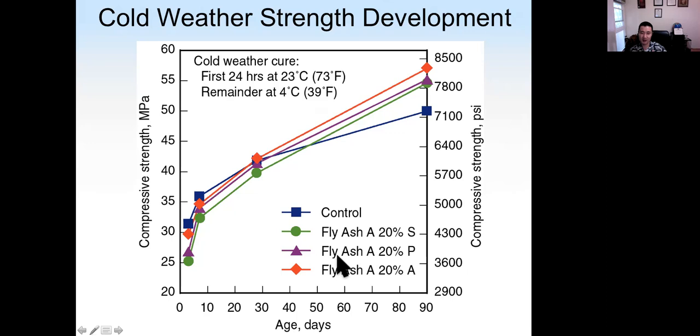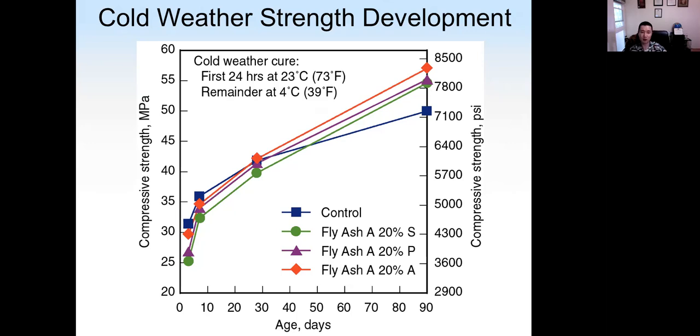The purple line is fly ash with 10% of cement and 10% of sand. The red line is another 20%, 20% actual fly ash by mass of cement. But generally, this introduces around 20% fly ash in place of cement into the system.